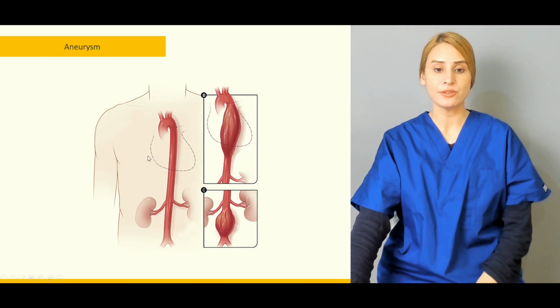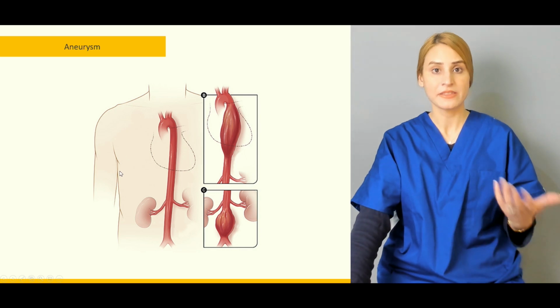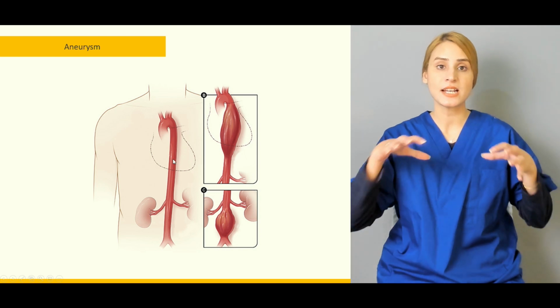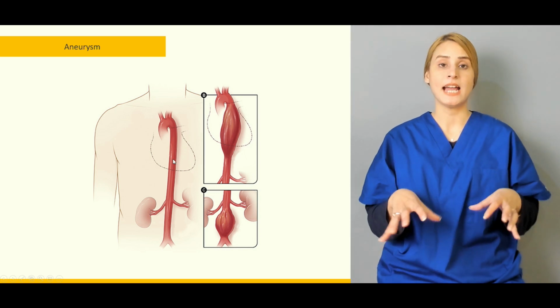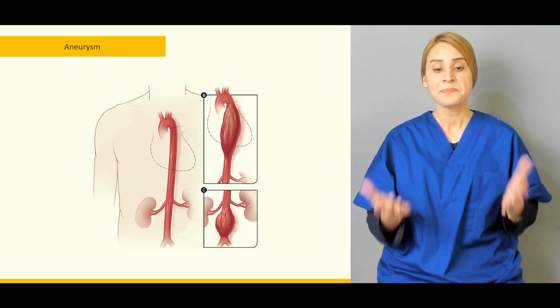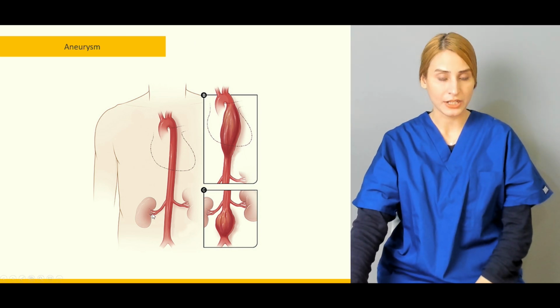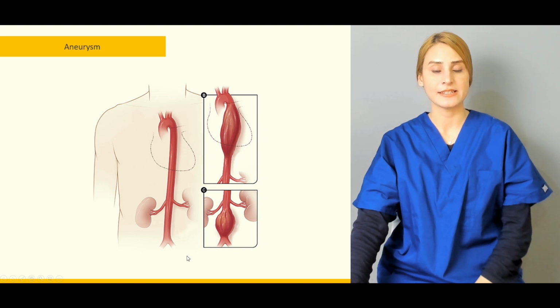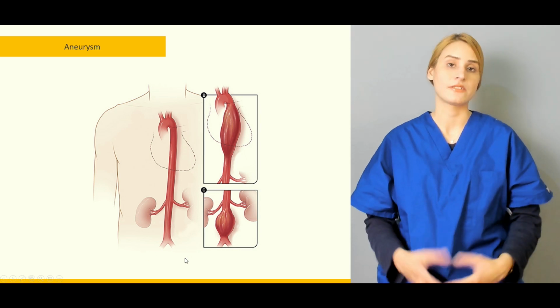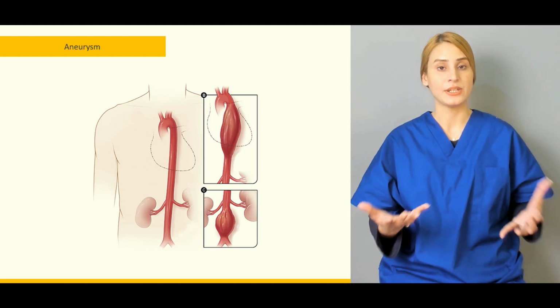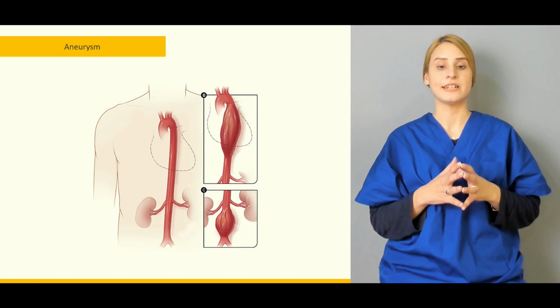The aorta at the level of the thorax is the thoracic aorta, and the aorta coming down into the abdomen is the abdominal aorta. At the level of L1, this bifurcates into the common iliac arteries, which ultimately divide into internal and external iliac arteries.